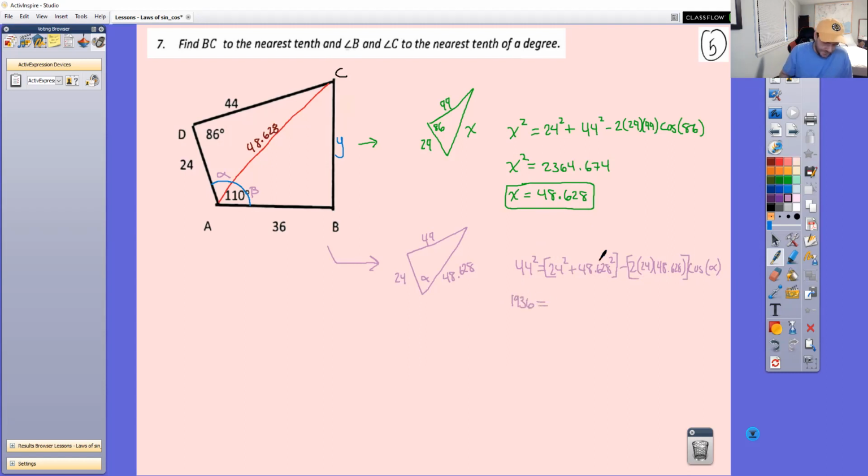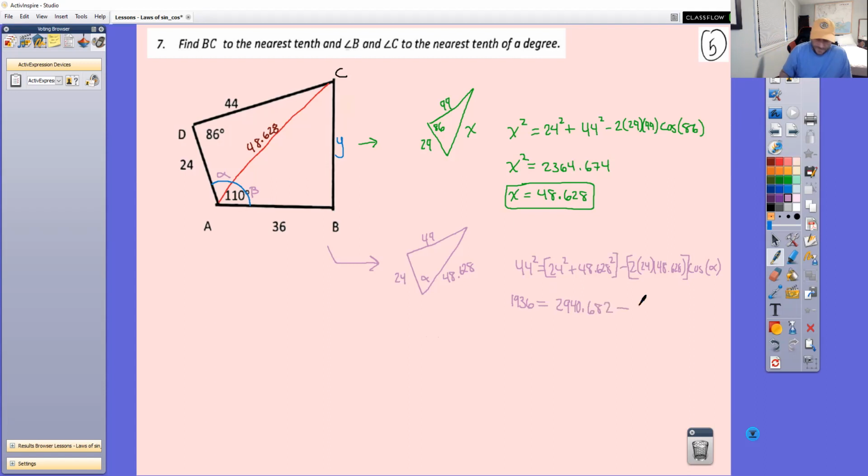And then 24 squared plus that 48.628. I am just using 48.628. I'm not using the full expansion this time just because I don't want to type it all out. So my answer will be a little less precise, but that's okay. I'm getting 2940.682.